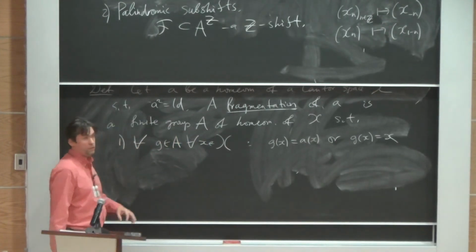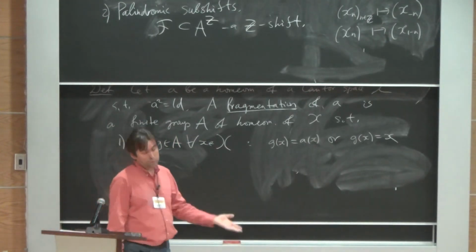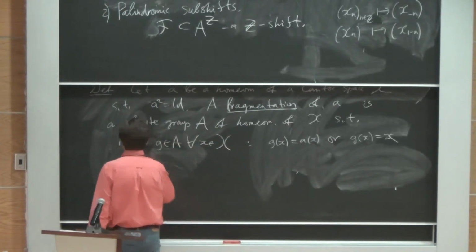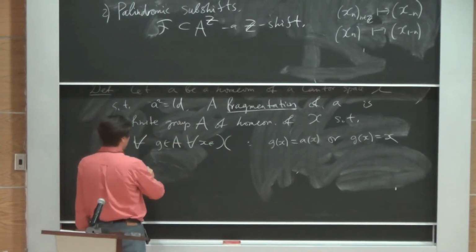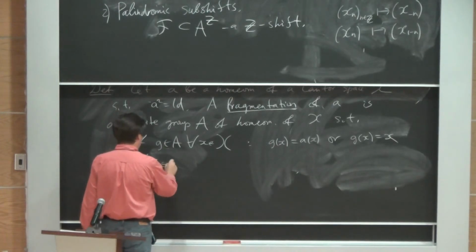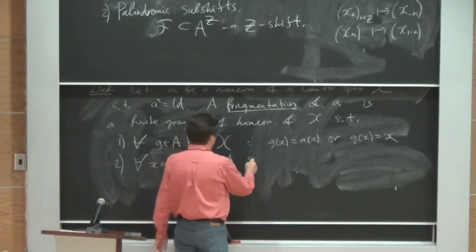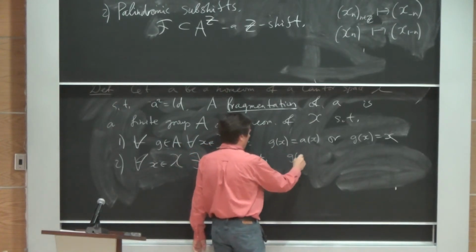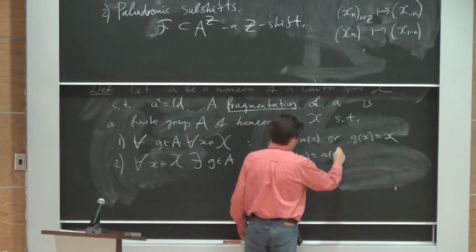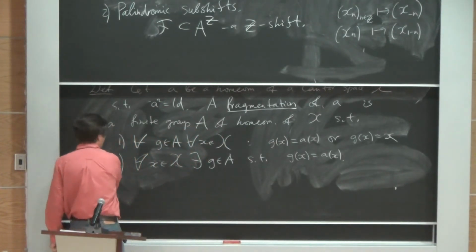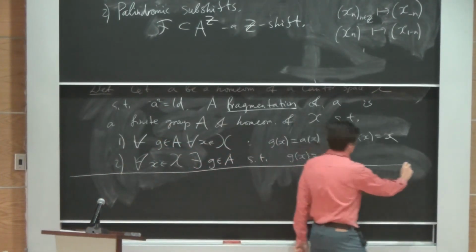So every element of this group acts as A somewhere and as an identity somewhere else. And second, for every x in X, there exists G in the group such that G of x is A of x. So you don't lose anything.